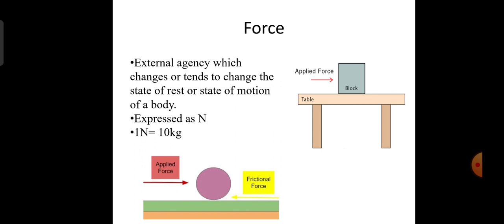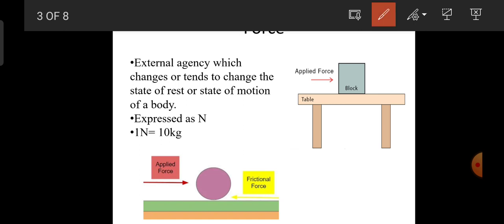So here you can observe in the first figure that there is a block resting on a table. So this is in a rest position. If it is subjected to an applied force in this direction, then the body converts its position from rest to motion.